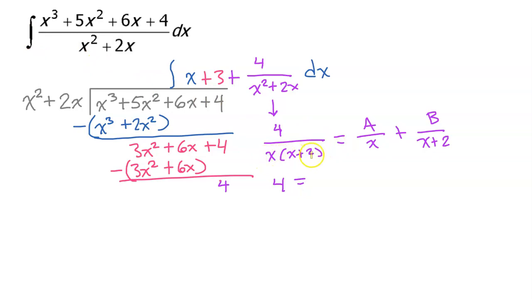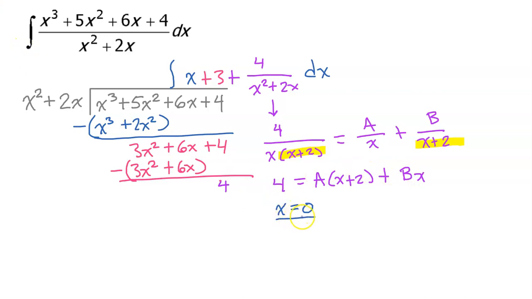When you multiply the common denominator times the middle term, the x and the x cancel out, and it leaves you with a times the x plus 2. When you multiply this common denominator by the last term, the x plus 2's cancel out, and you are left with b times x.